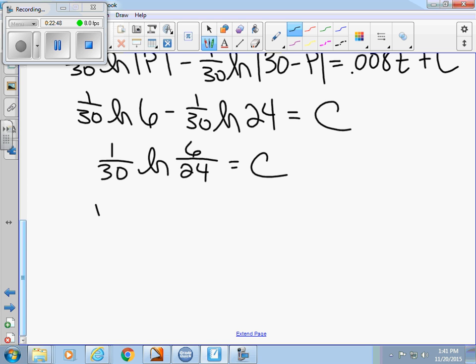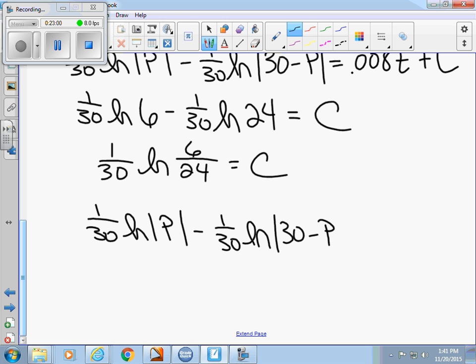Rewrite my equation as 1/30th natural log of the absolute value of P minus 1/30th natural log of 30 minus P equals 0.008T plus 1/30th natural log of 6/24. You could go ahead and write 1/4 if you would like. Up to you how you do that.